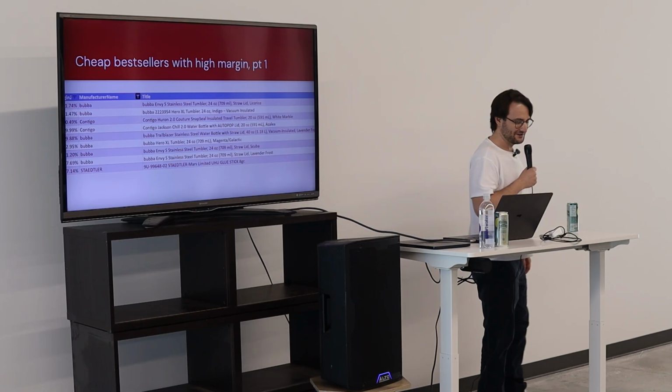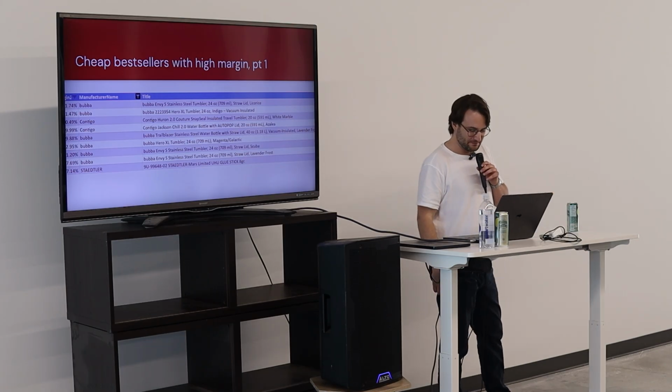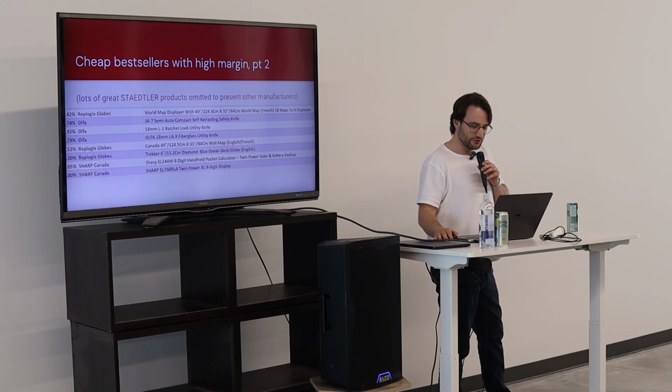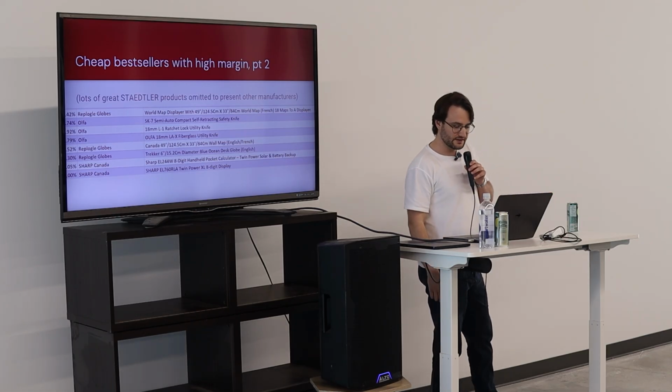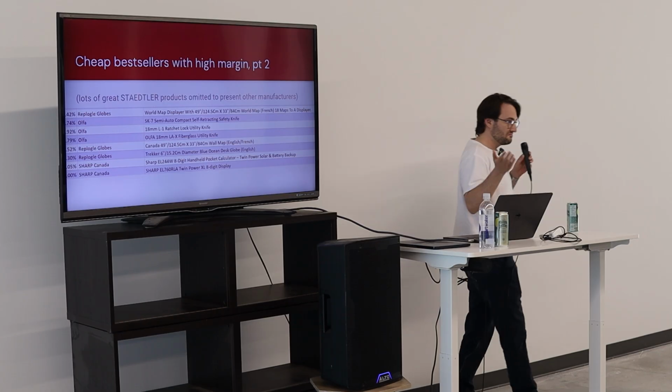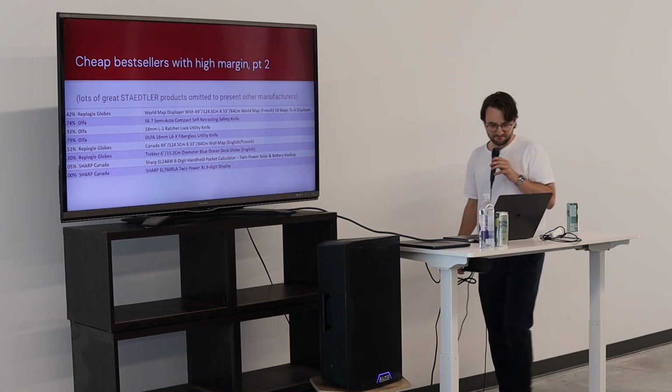These are very popular right now. They're best sellers, they're cheap, and you also have Stadler products, globes, maps, world maps, and surprisingly, safety knives or utility knives. Who would have thought?